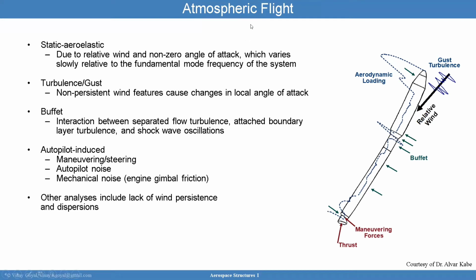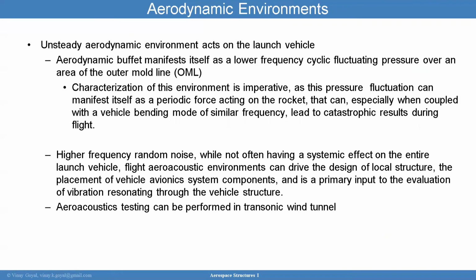So atmospheric flight loads, you can see here, include a number of components. A number of those loads have to be looked at. And so let's look at some of these components. Here you have the unsteady aerodynamic environment acting on the launch vehicle. As an example, aerodynamic buffet loads manifest themselves as a lower frequency cyclic fluctuating pressure over an area of the OML.